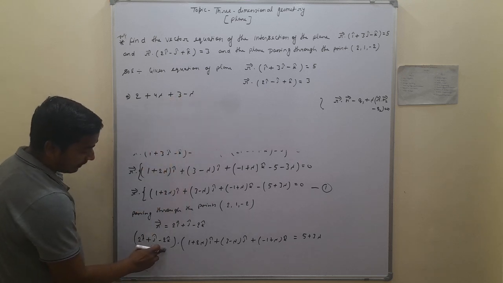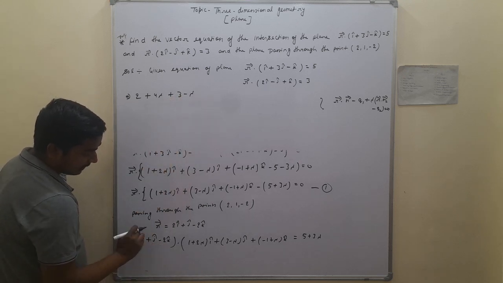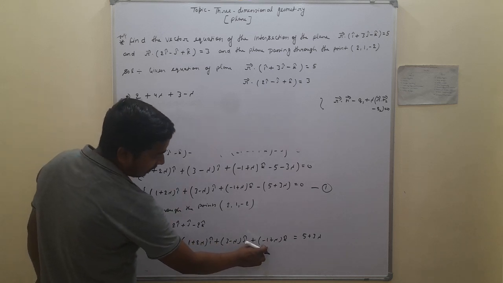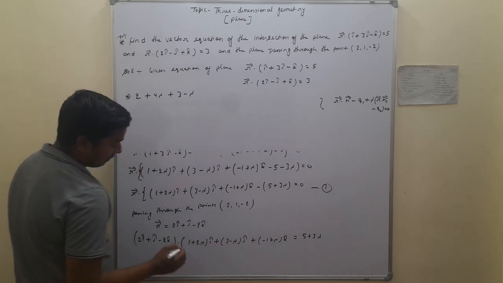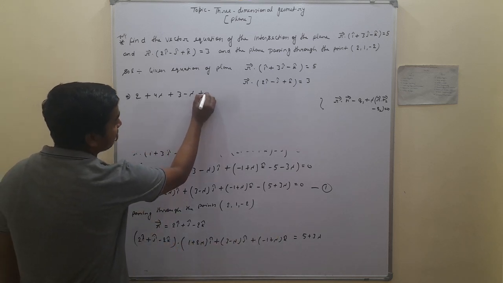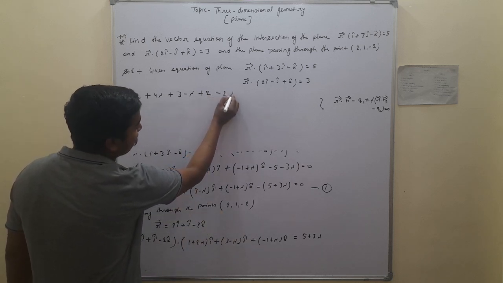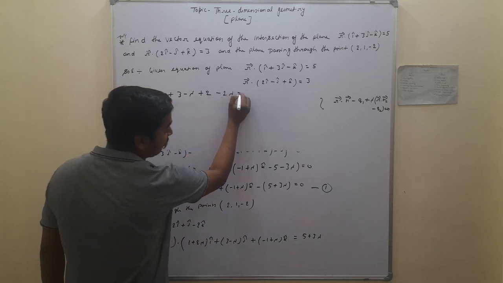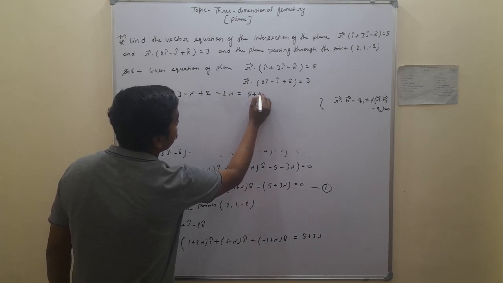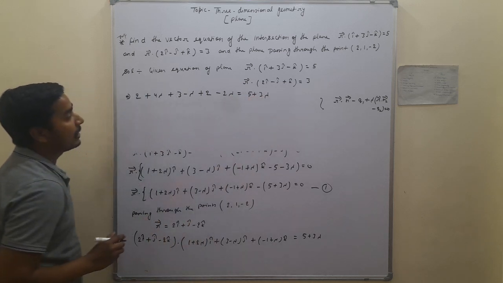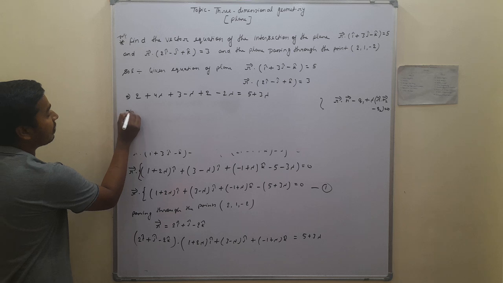Similarly for k cap, the coefficient of k cap is minus 2, and minus 2 multiplied with minus 1 plus lambda gives plus 2 minus 2 lambda, and this is equal to 5 plus 3 lambda. From here we have to calculate the value of lambda.